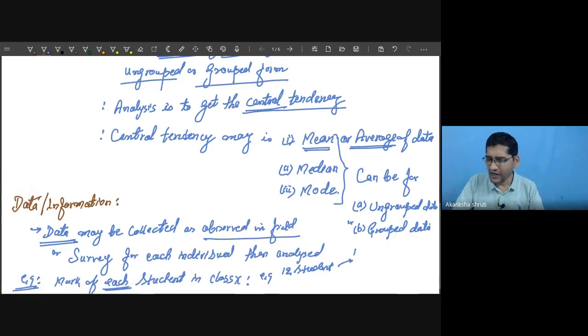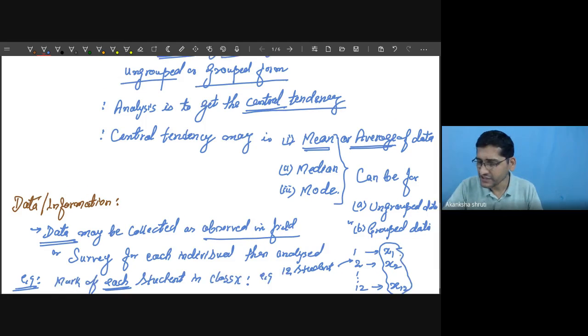If you take roll number 1, then it gets some marks. Say this examination may be conducted in 50 marks or 100 marks. Let me take the marks as x1. For the second student, let us take x2, and so on. For the 12th student, let us denote it by x12.